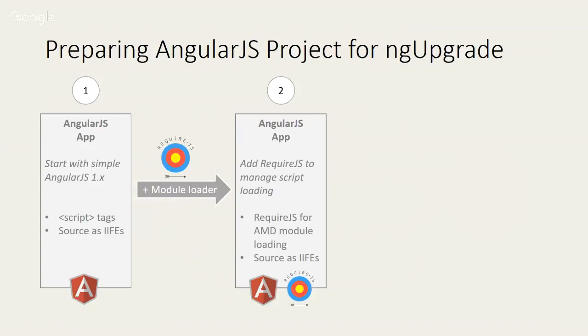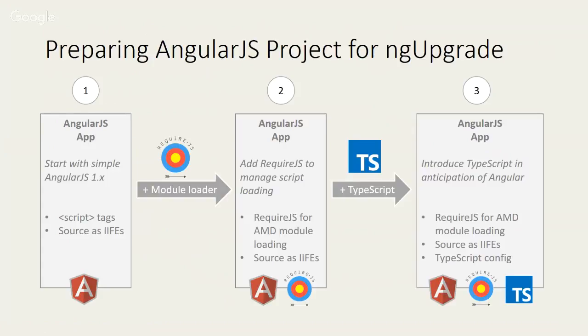It's just wrapped as IIFEs, and we haven't changed or touched any of the code. We've just introduced require.js. And then we're going to add TypeScript, but really just TypeScript configuration into the project. So again, we've left our code alone, and we're going to add in just TypeScript configuration.